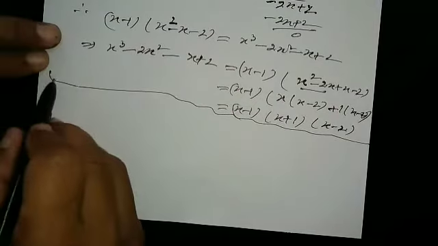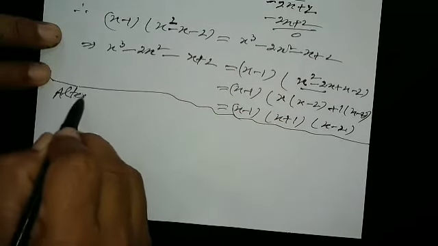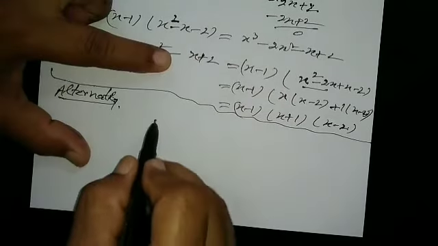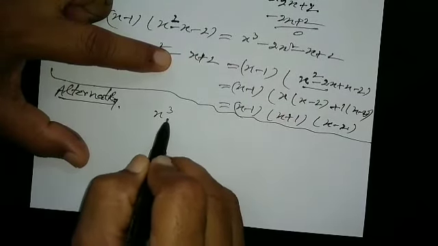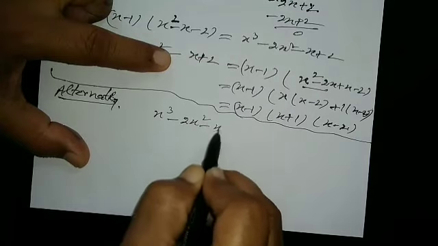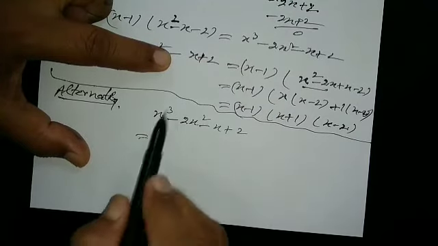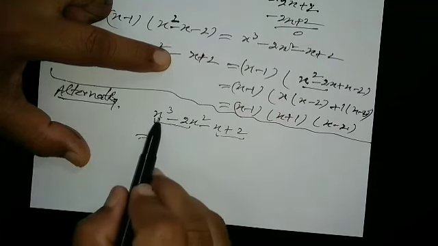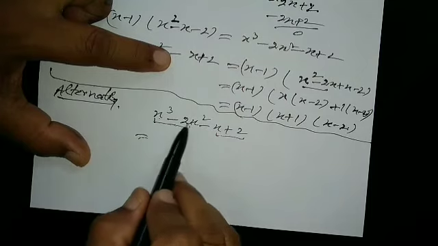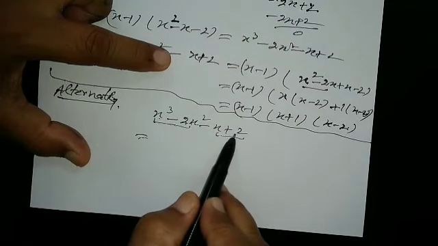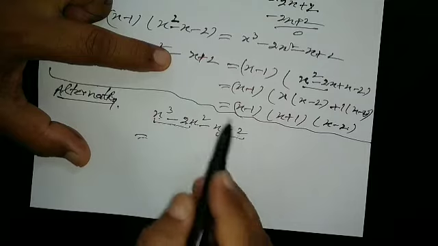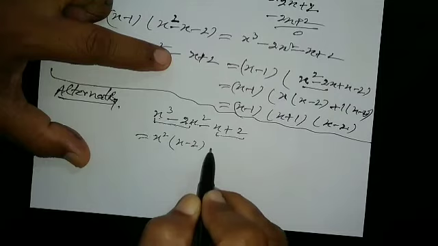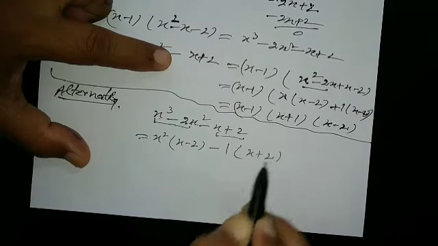So alternatively, if you can see something like this: this is 1 and this is 1, and if we take x square common from here, we will get x minus 2 as a factor, and from this also we can get x minus 2 as a factor, and so this can be factorized.